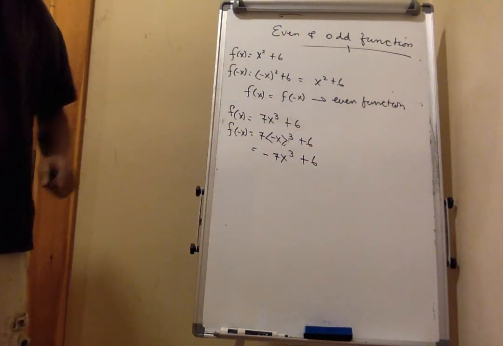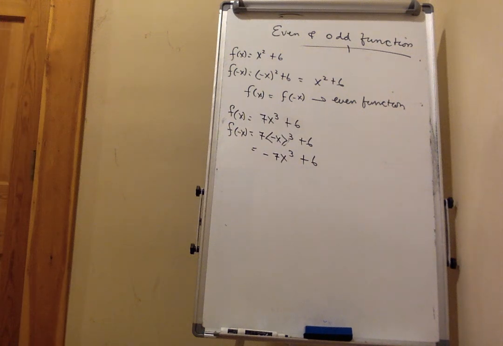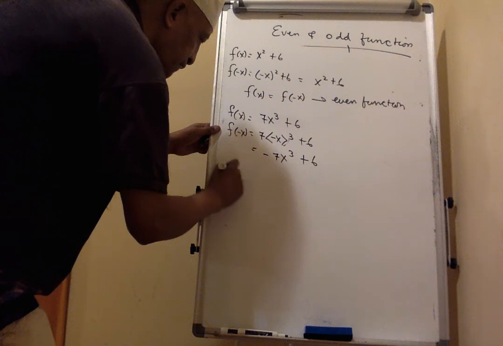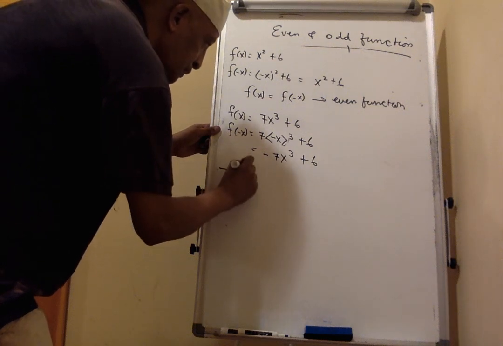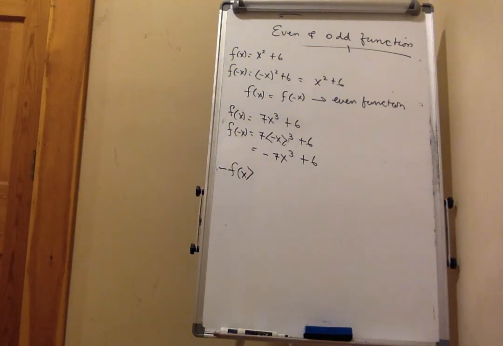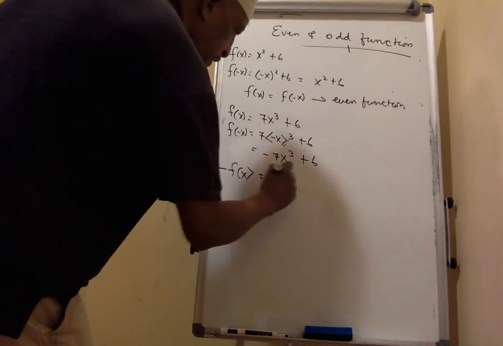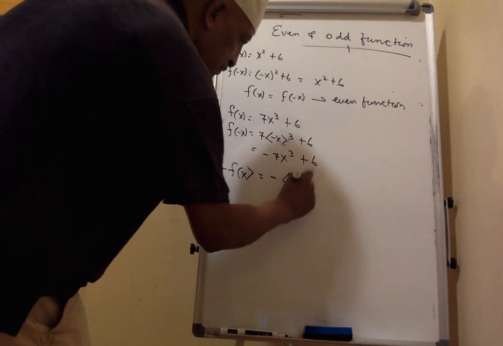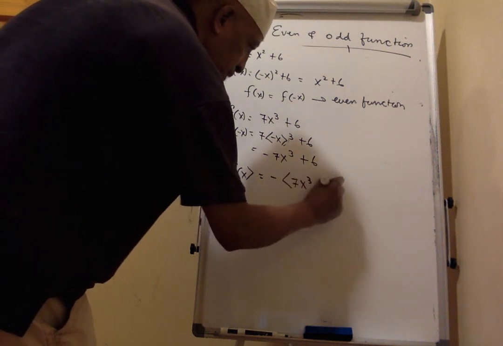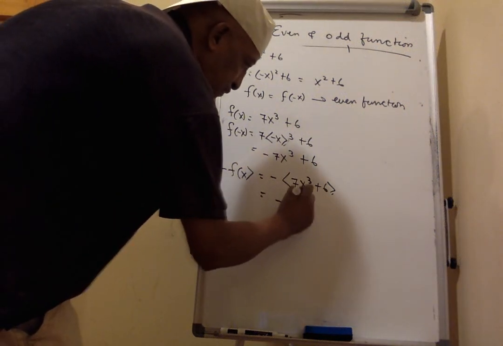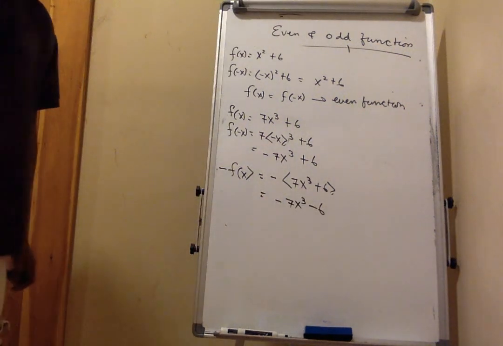As you can see, this is not an even function because f of x is not equal to f of negative x. And let me do negative f of x. This would be negative of 7x cubed plus 6, then you end up with negative 7x cubed minus 6.